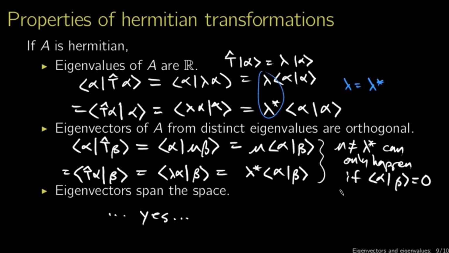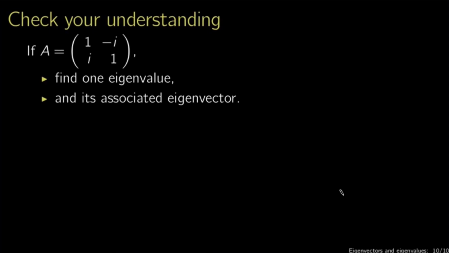This was a lightning-quick review of linear algebra. We will work with some of these concepts in more detail later. But for now, to check your understanding, here is another matrix, different from the one that I worked with. It's also 2 by 2, so these calculations are not terribly difficult. Your task is to find an eigenvalue and its associated eigenvector.